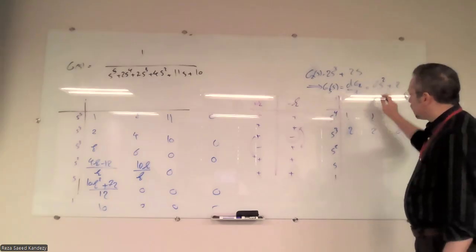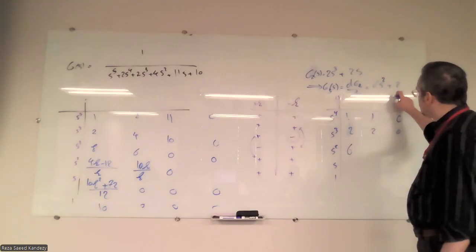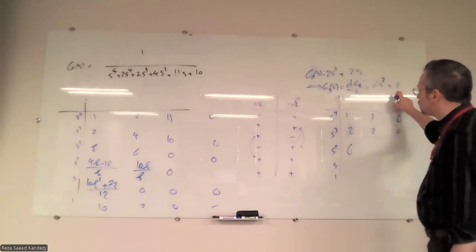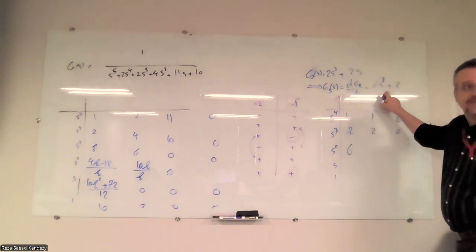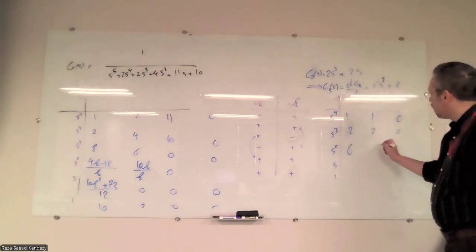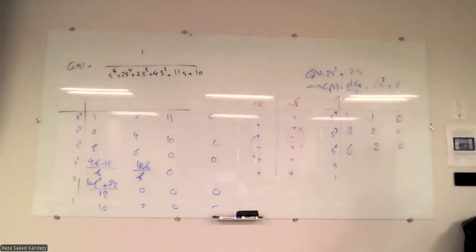The first column, S squared, is going to be 6. And then we skip the S to the power of 1, which we don't have. Then we have a 2, and the rest is 0. Now we can continue with our development.